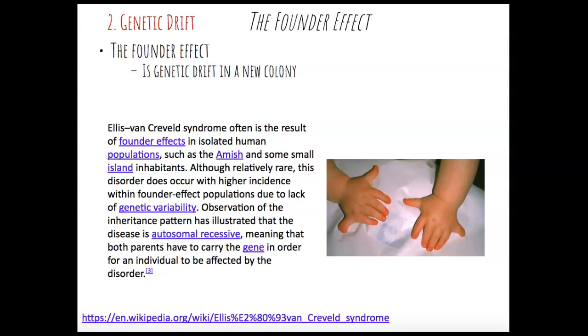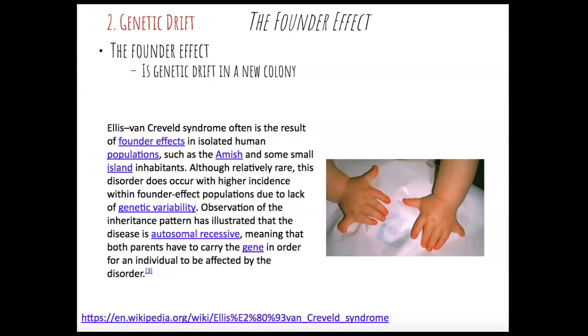And so in those individuals, Ellis Van Creveld syndrome was the result of that founder effect, where it's a recessive allele that causes this, that became more prevalent in Amish populations because they were not breeding with anyone outside of the Amish community, and therefore it became more and more common through those inbreeding occurrences between members of the Amish community.